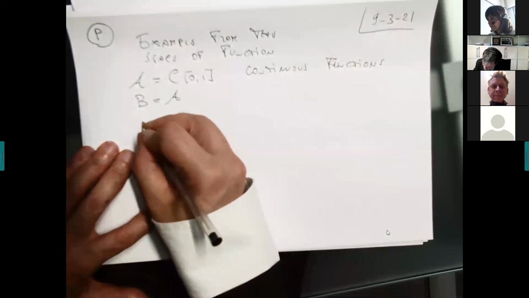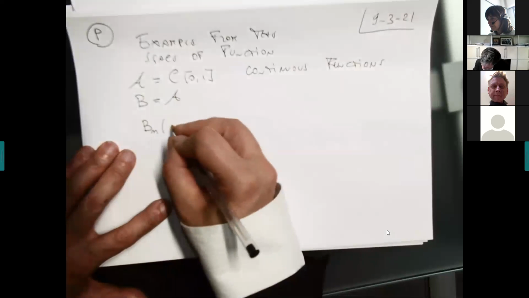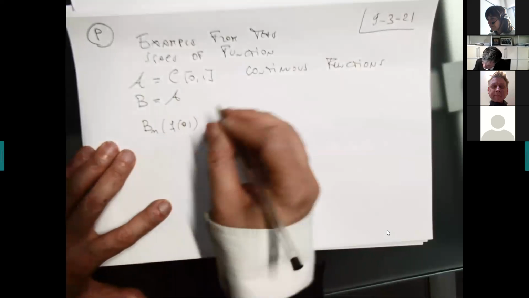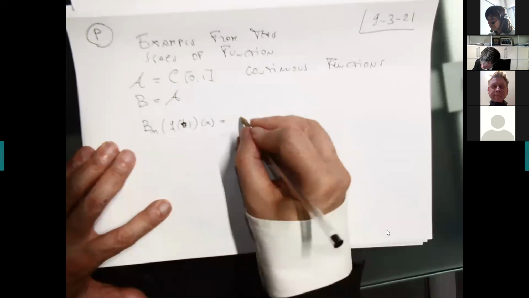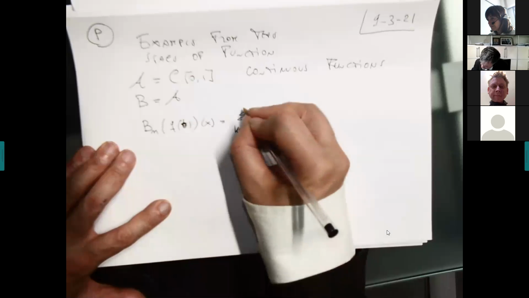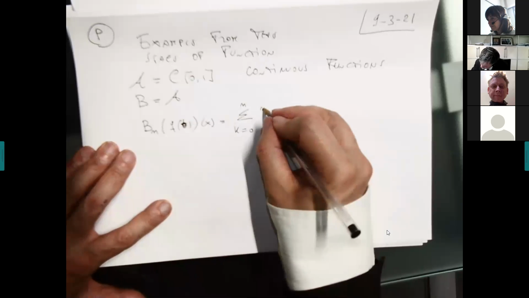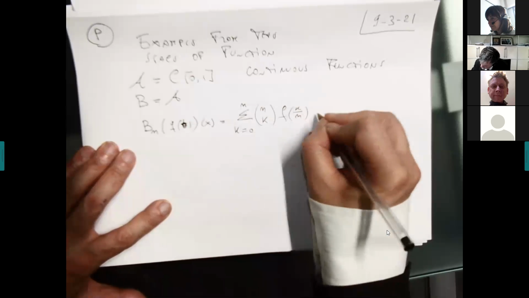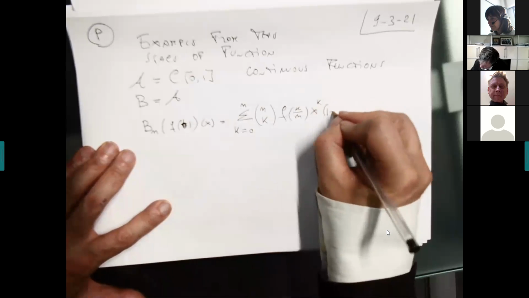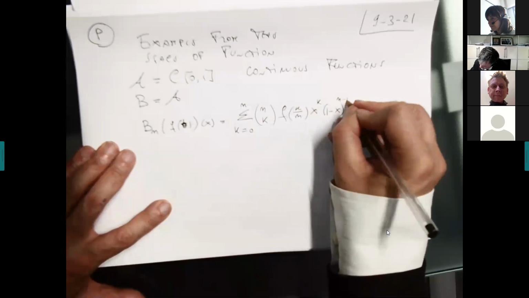And consider this object Bn of f, defined as the sum for k going from 0 to n of (n over k) f of (k over n) x to the k, (1 minus x) to the n minus k.